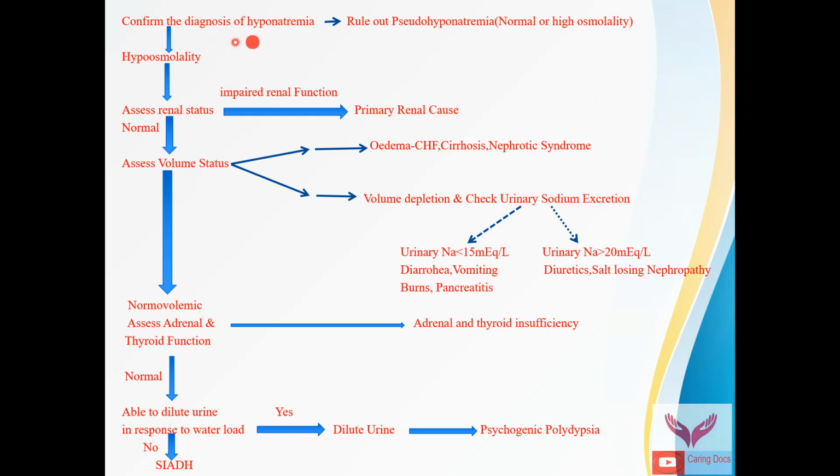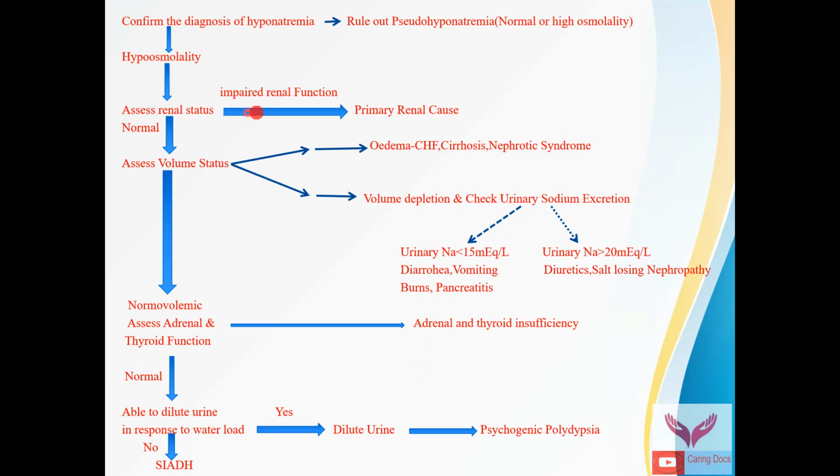Just first confirm the diagnosis of hyponatremia, rule out whether it is a pseudo hyponatremia. Pseudo hyponatremia patient will have a normal or high osmolality. Once we confirm the osmolality as low, or the patient has hypoosmolality, it is a true hyponatremia, you have to assess his renal status.